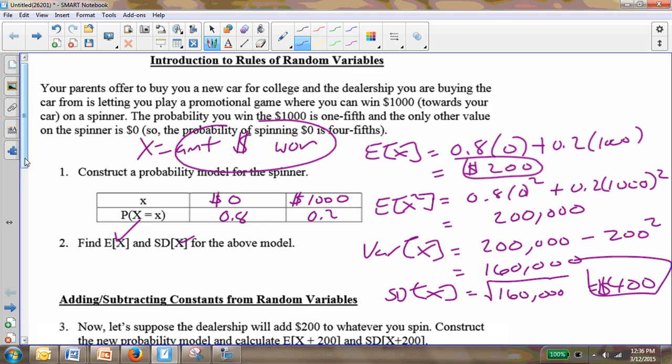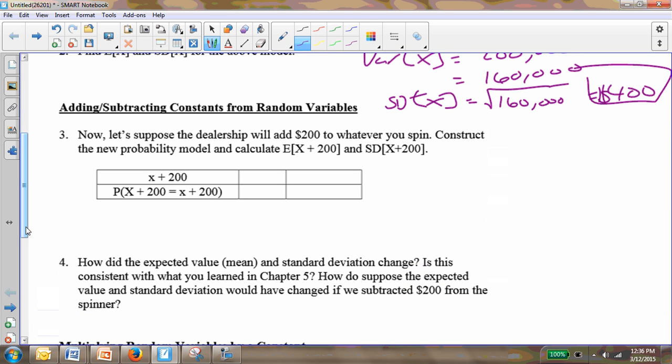All right, so in part 3, now let's suppose whatever you spin on that wheel, that dealer's going to add $200 to it. So if I spin a 0, which will happen 80% of the time, he's going to feel sorry for me and throw an extra $200 on there. So 80% of the time, I'll come away with $200 toward my car. The other 20%, I'm going to spin 1,000.